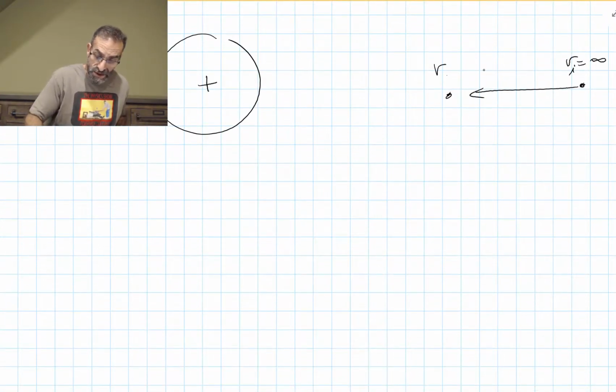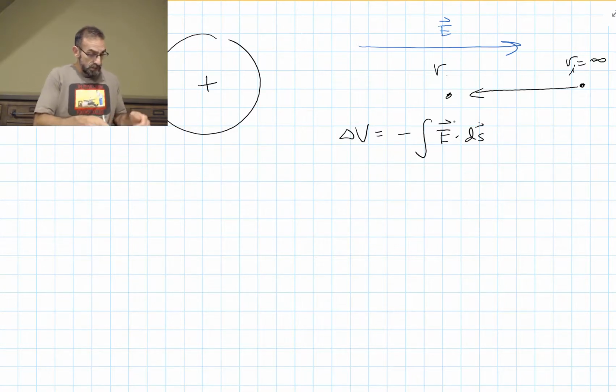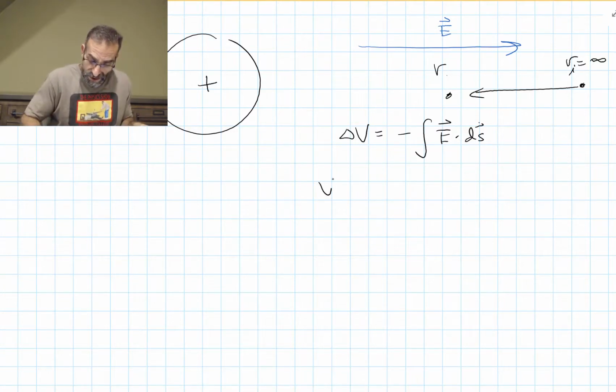We know this is positive charge, so the electric field points radially outward. And we know that delta V is negative the integral E dot ds. Delta V is always final minus initial.